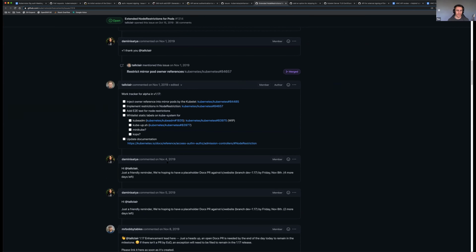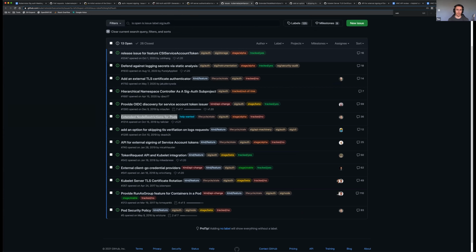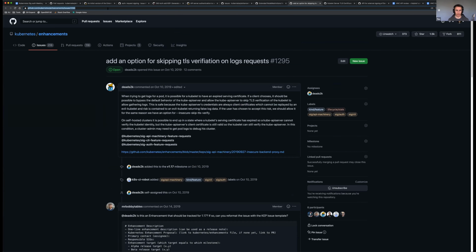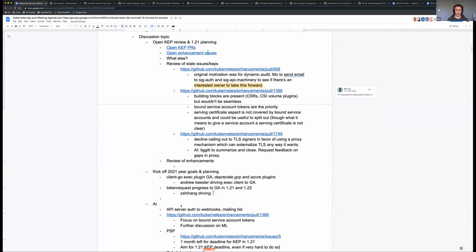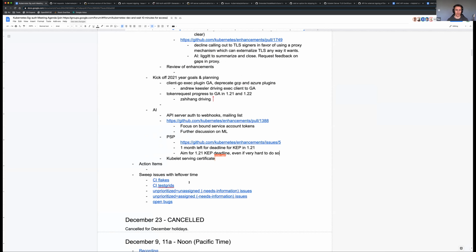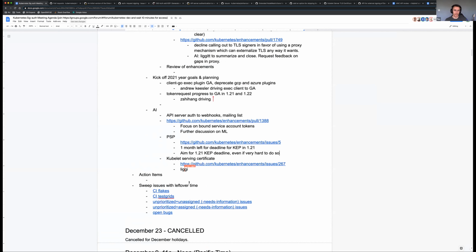There's kind of two different pieces to this. One is some changes that already went in for making the node the controller on mirror pods. And I think there's a follow-up to make that required after enough time has passed. I can't remember where we stand on that.